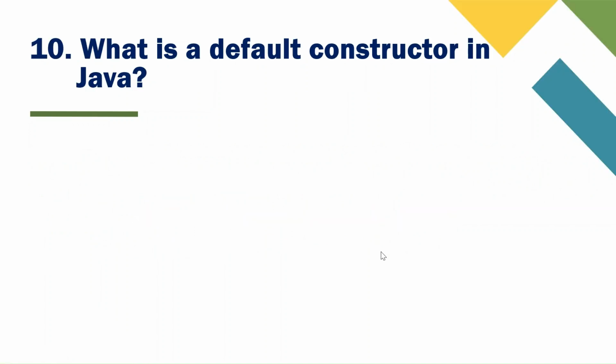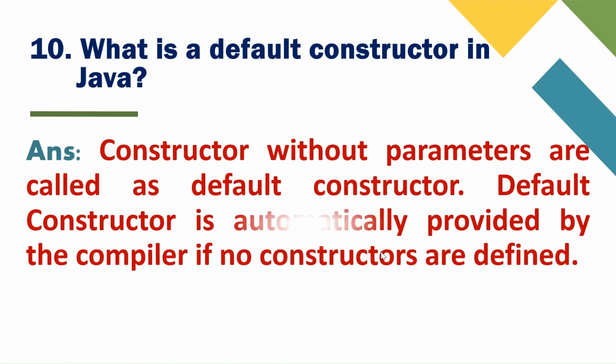What is a default constructor in Java? Now a constructor without parameters is called a default constructor. A default constructor is automatically provided by the compiler if no constructors are defined in your class. If you want to initialize the instance variables with some default values, you can write a default constructor where you don't have any parameters.